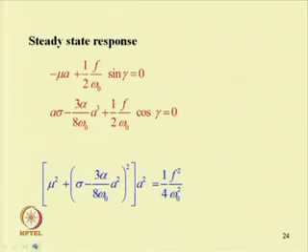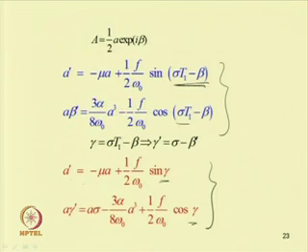Now for the steady state solution, a dash and gamma dash should not be functions of time. That means a dash should be equal to 0 and gamma dash should be equal to 0. By putting a dash equal to 0 and gamma dash equal to 0, we can get the condition for the steady state.